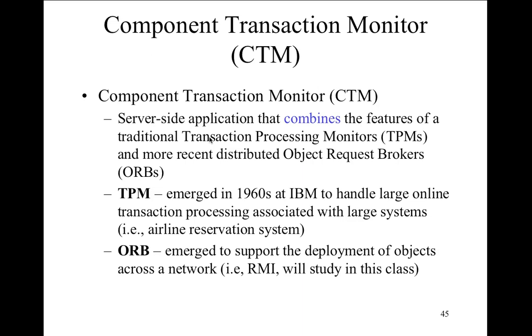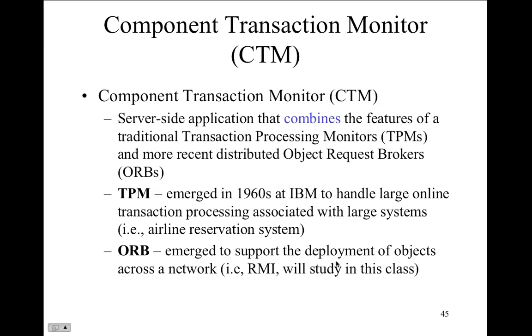But it keeps track, and it's aware of the objects and the instances of those objects and the services of those objects that are providing for the big distributed picture. It's allowing you to have a little bit more control and management over those services and what's going on. So a TPM is an example, and an ORB is another example, of this component transaction monitoring concept. And these are just 2 primitive examples.